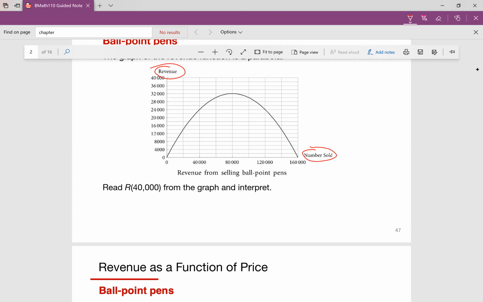So according to the graph, you can tell us the revenues when the number sold is 40,000, right? So this is like the input for number sold, which is 40,000.